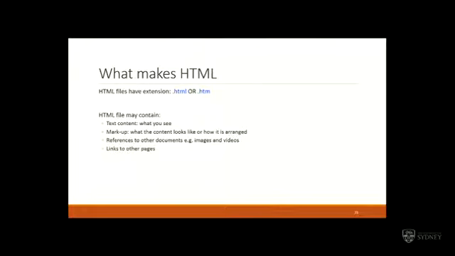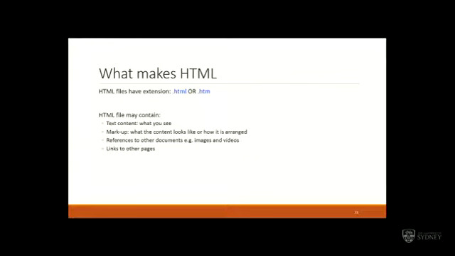So an HTML file can contain many different types of content. We have the actual text or content that you want the users to be able to see. An HTML file will then also have some markup, HTML tags that specify how that text and content is structured, tags that try to ascribe some meaning to the content in our HTML page.